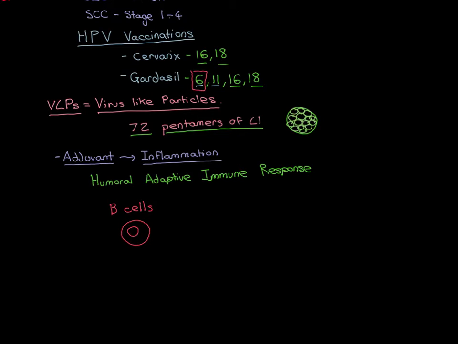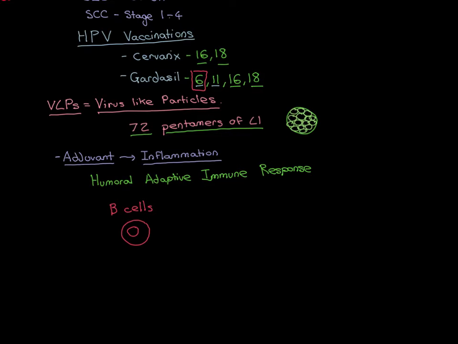HPV6 has a certain L1 protein. That L1 protein will have a certain structure, and there are loads of possible antibodies you could produce that will be capable of binding to it. Let's say this B cell produces a design of antibody that binds to the L1 protein of HPV6. This is now going to be activated as part of the humoral adaptive immune response initiated by the vaccine. I'm not going to go through the activation process. We're just going to acknowledge that it will be activated.